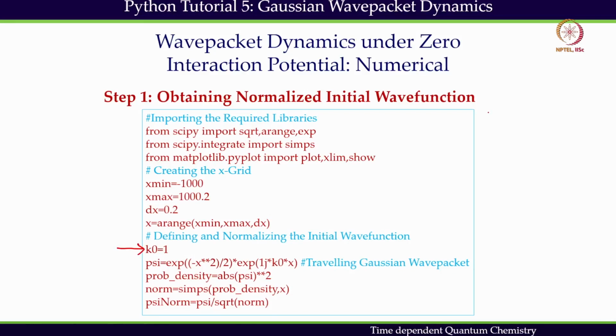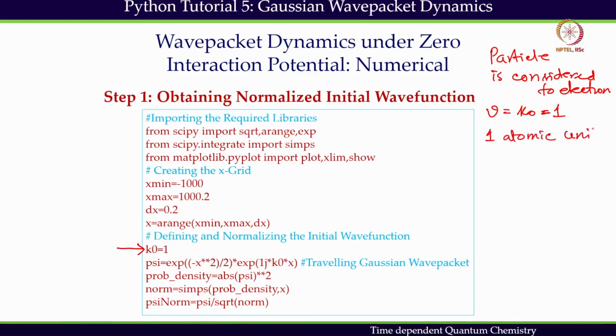It means that the particle is considered to be an electron and velocity equals k naught equals 1 in atomic unit, which is 1 atomic unit of velocity. So, what is the velocity with which the particle electron is traveling in my problem?